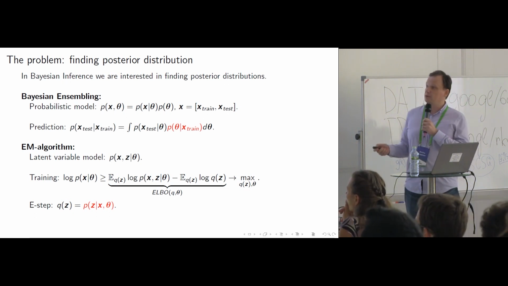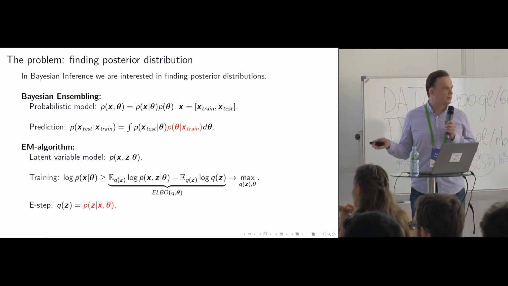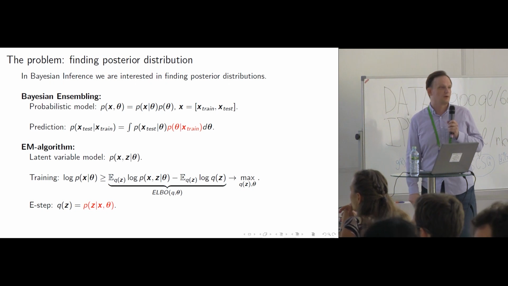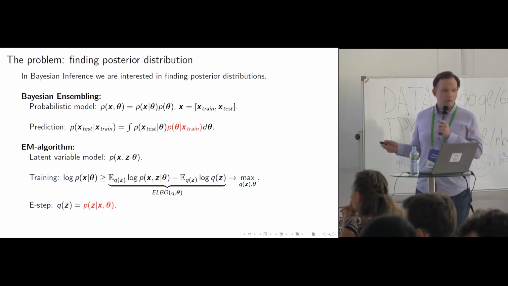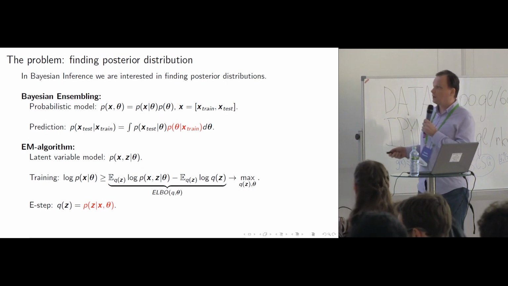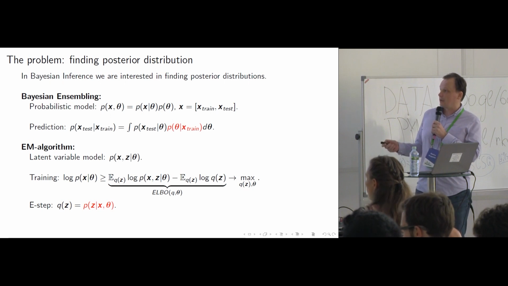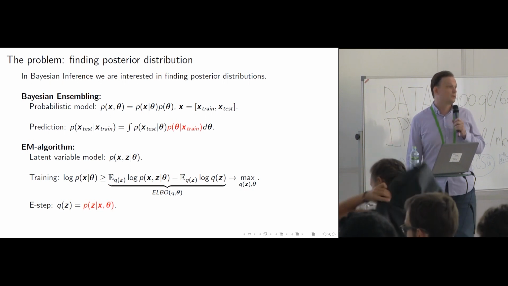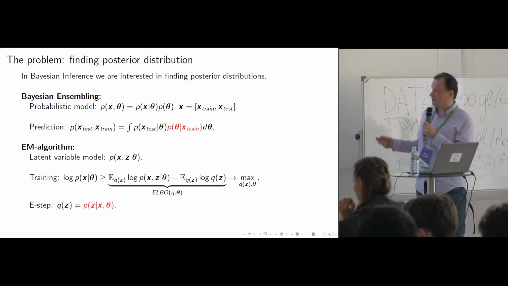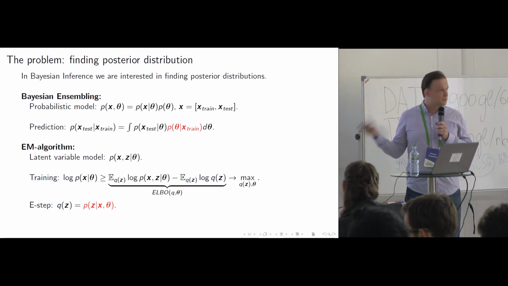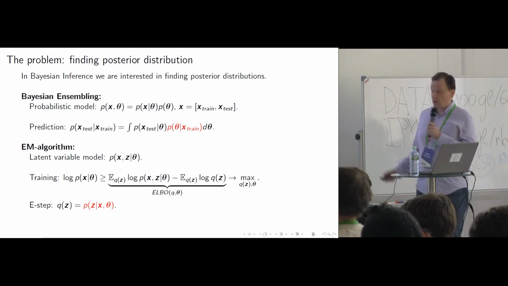In the EM algorithm, we consider the incomplete likelihood function, the term that in most cases we can't calculate. Then we introduce the variational lower bound for this incomplete likelihood. This lower bound depends on theta, the parameters of our model, and also on some auxiliary variable q, a probability distribution over hidden variables. We maximize this ELBO with respect to both groups of parameters in a coordinate-wise manner.